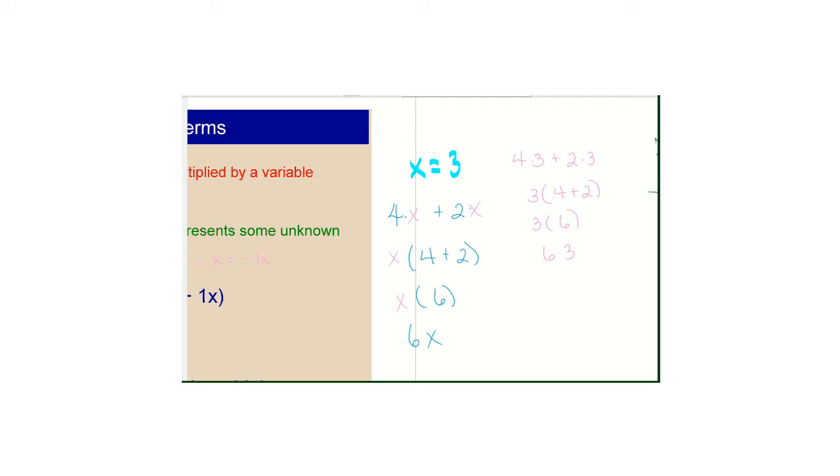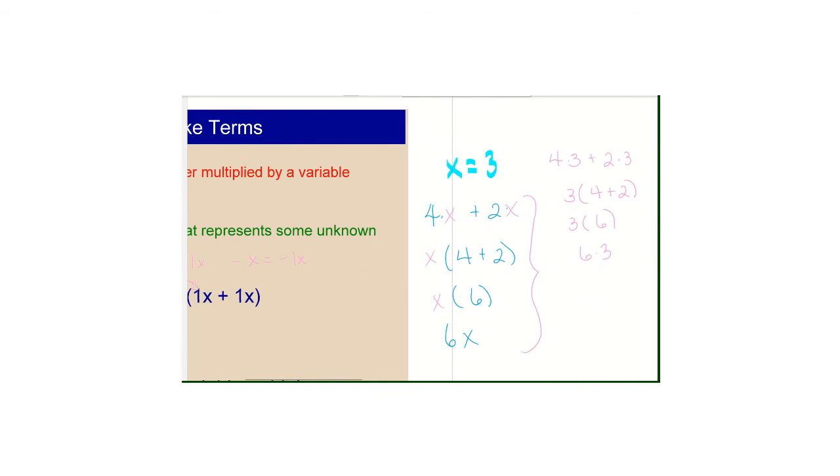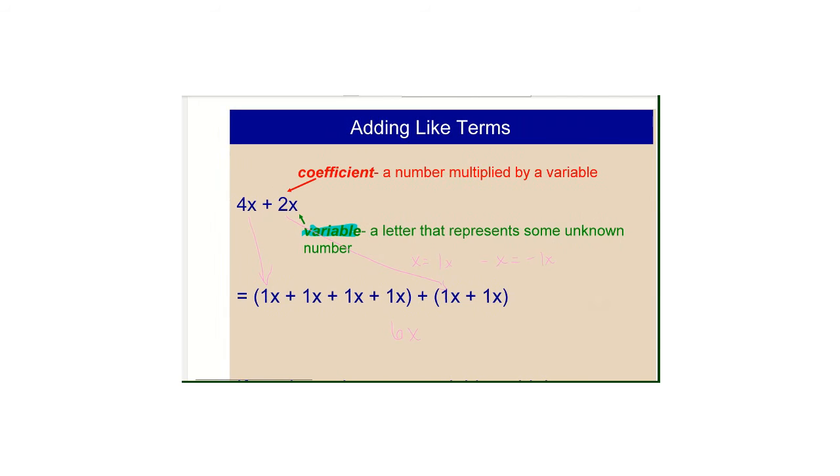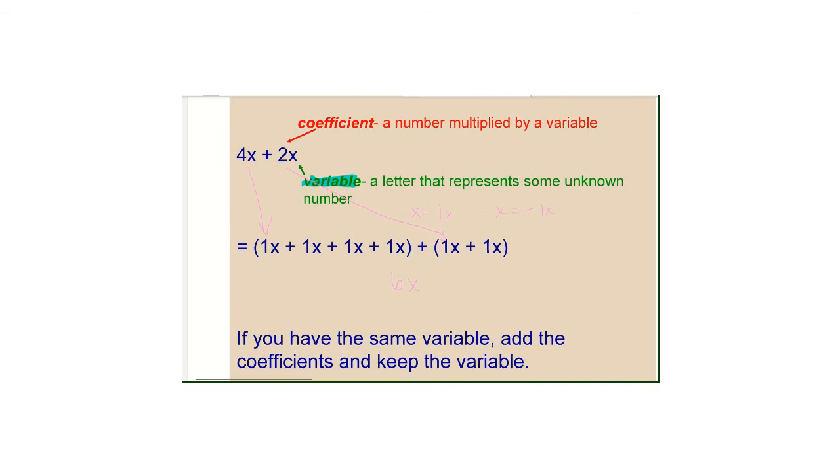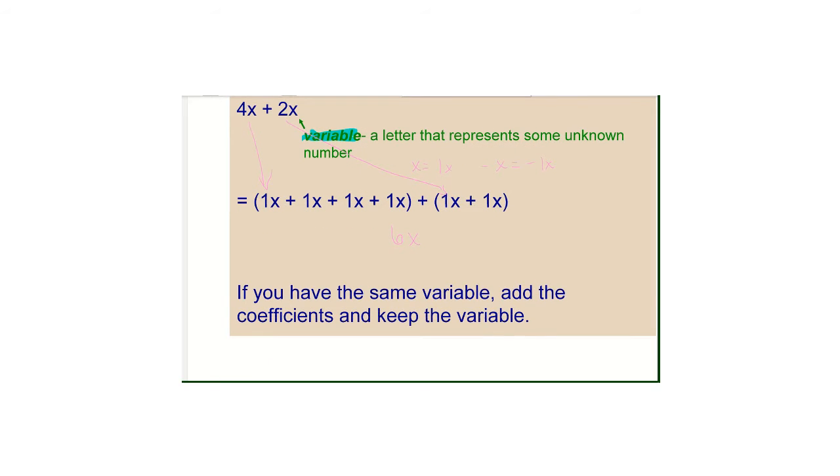Now, if we come over here, you can see I've done the exact same thing, but putting an x in there instead of a number. So 4x plus 2x is the same as x times 4 plus 2, which is x times 6, which is 6x. So the distributive property can also be used to explain why it is we added the 4 and the 2 and we kept the x. But the rule is, whenever you have the same variable, you add the coefficients and you keep the variable.